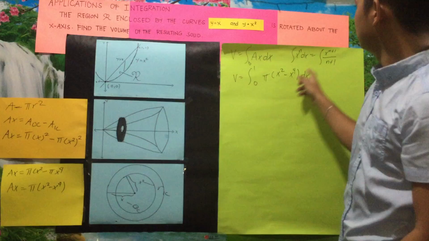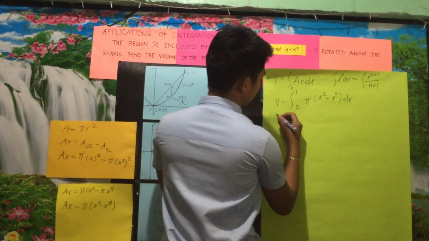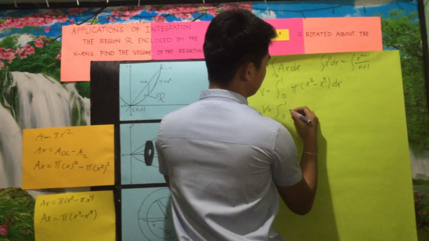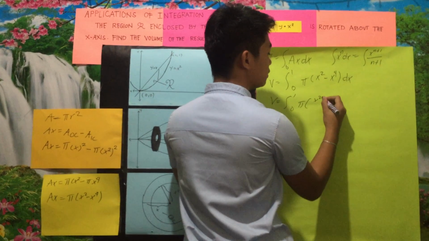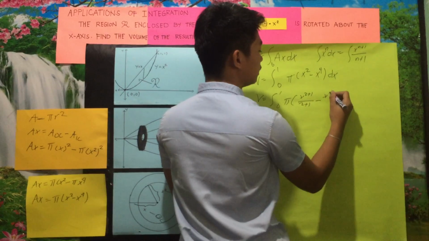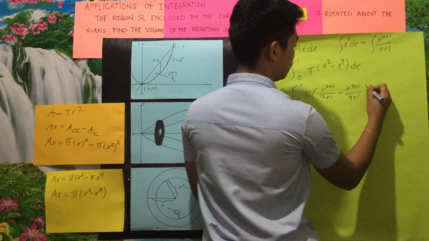Using this formula, the volume is equal to the integral from 0 to 1 of pi times x raised to 2 plus 1 over 2 plus 1 minus x raised to 4 plus 1 over 4 plus 1.